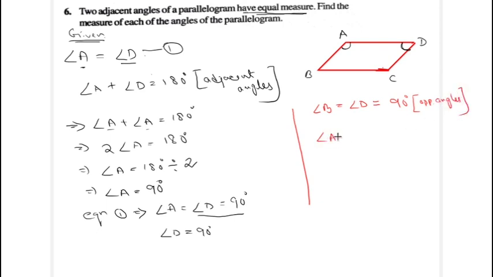Similarly angle A equals angle C, which is also 90 degrees, for the same reason, they are opposite angles. So ultimately all the angles are equal: angle A equals angle B equals angle C equals angle D, which is equal to 90 degrees.